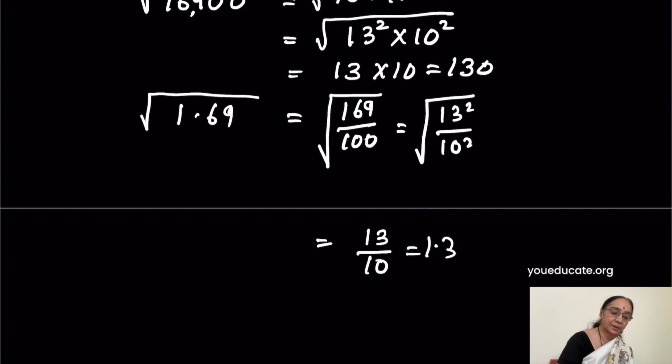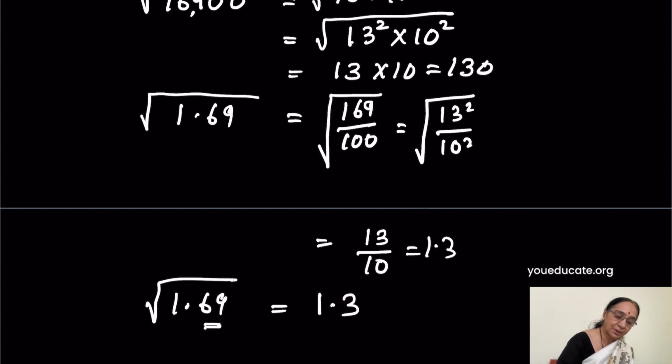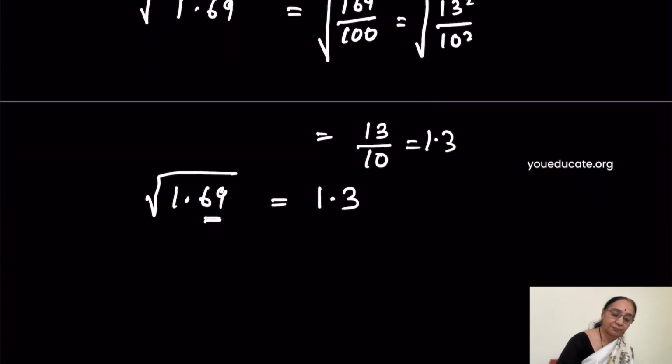The shorter method is when you have 1.69 and you know that 169 is a perfect square, you just see the number of decimal places after the decimal point. There are 2, and in your square root you will have half the number of decimal digits, so it will be 1.3.